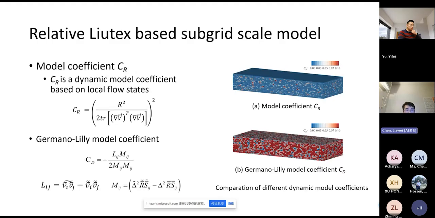And then in this slide, we present a comparison between our current dynamic model coefficient C_R and the classical Germano-Lilly dynamic model coefficient C_D.